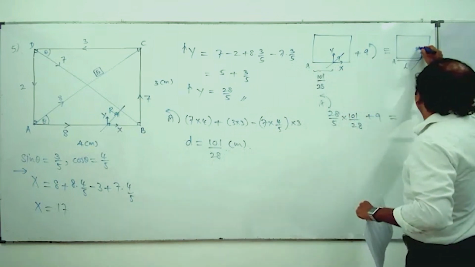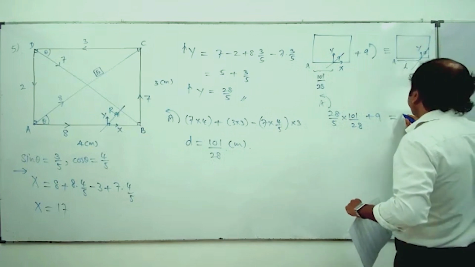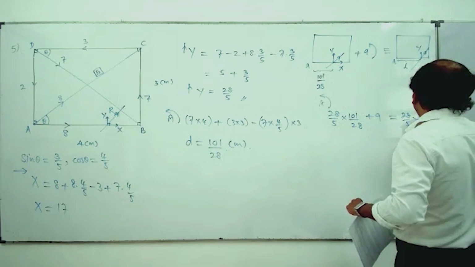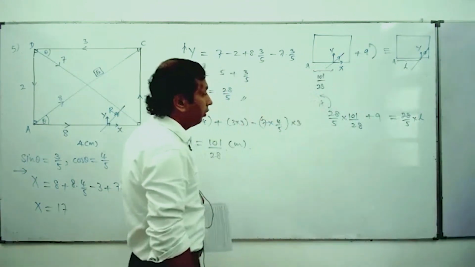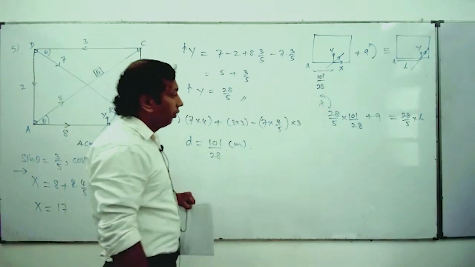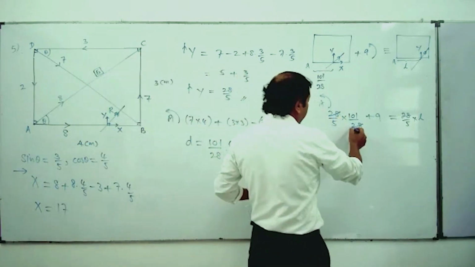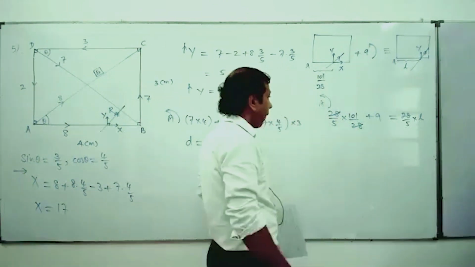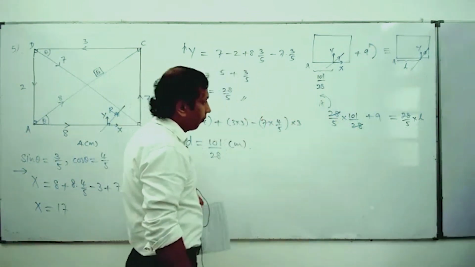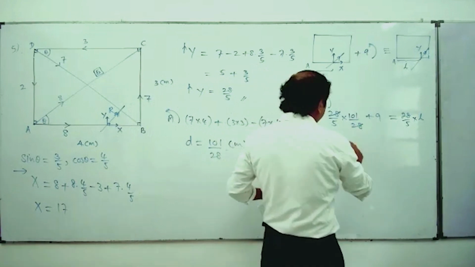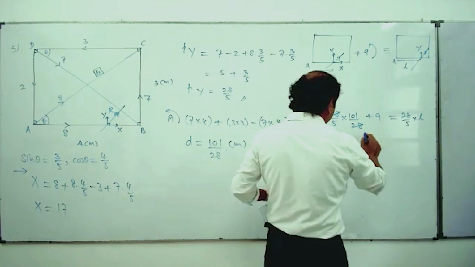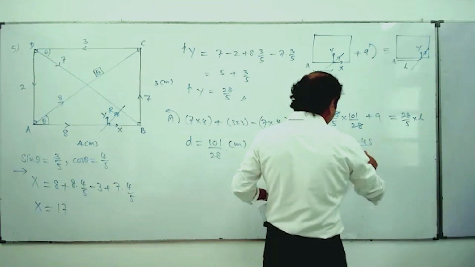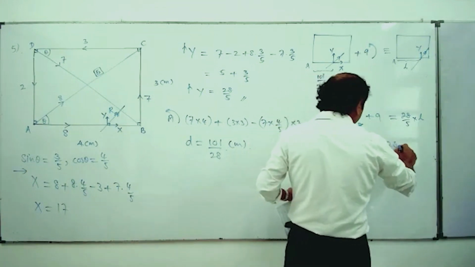Here y only gives the moment y into L. Y means 28 by 5 into 8. Right. Then when you simplify this, you should get this answer. 28 and 28 you can cancel down. Then here we get 101. This is 45 by 5, 28 L, no?